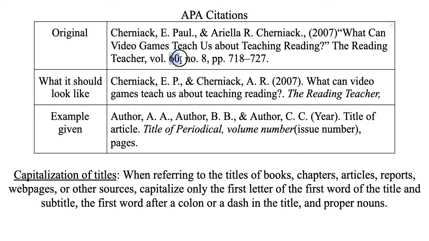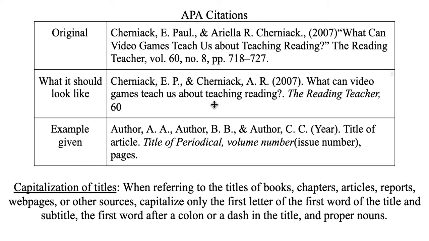So I would take that, right? I'm not writing volume dot, I'm just putting the number, right? And this should also be italicized. Okay, so after it says volume number, I'm going to take the issue number, right? So this would be my issue number, but I'm not going to write number 8.